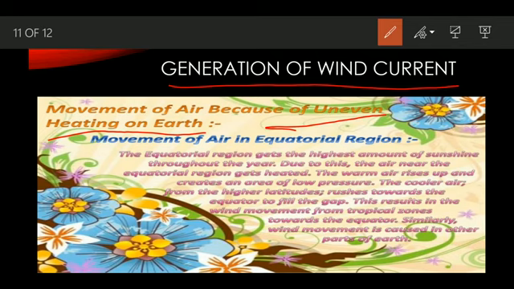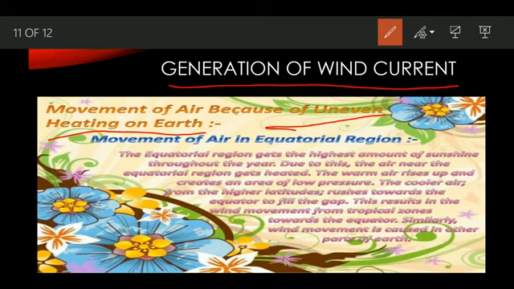If you remember the last lecture of the heat chapter, I told you that when the surface becomes hot, the air present near the hot surface always becomes lighter because of the heating, and it moves in the upward direction, and it always creates a low air pressure zone at the surface of the Earth.